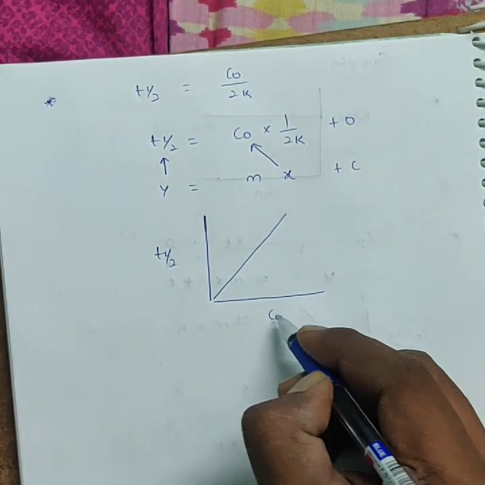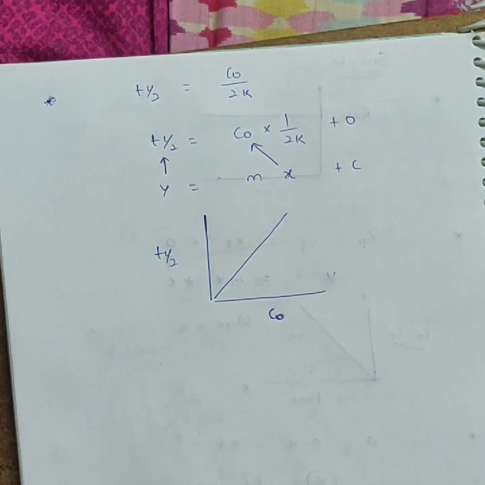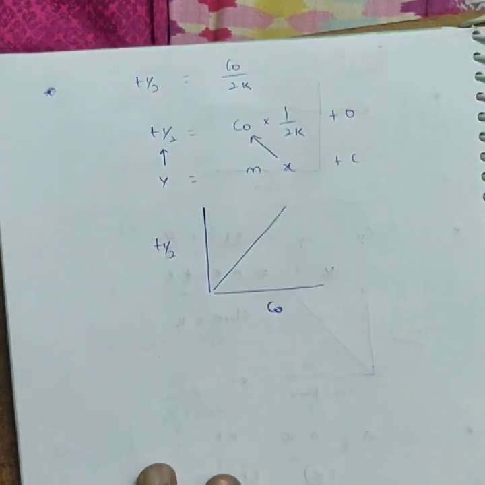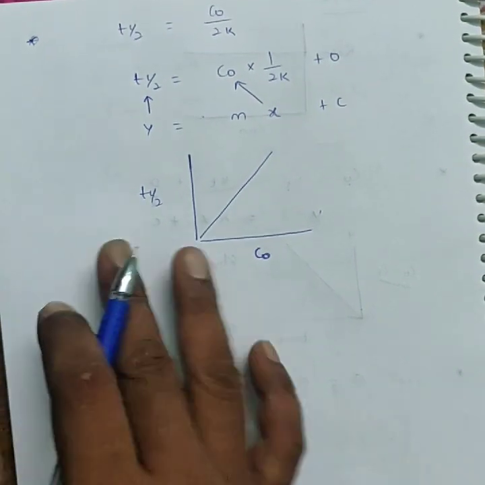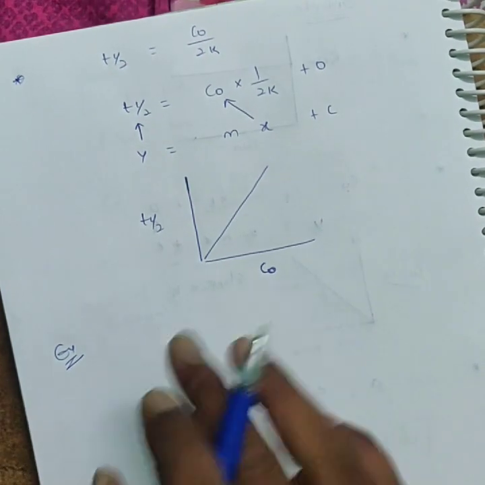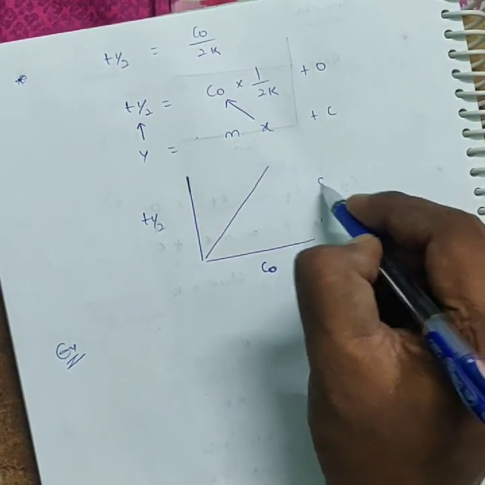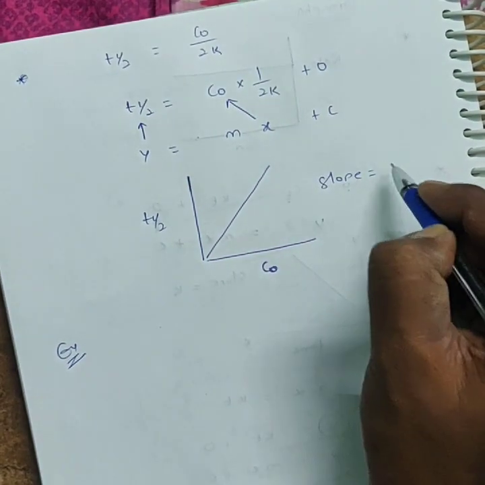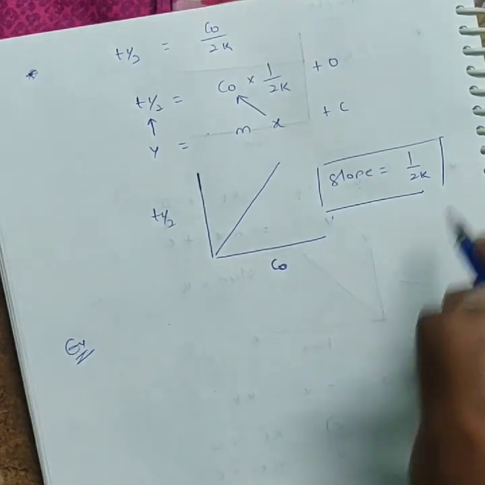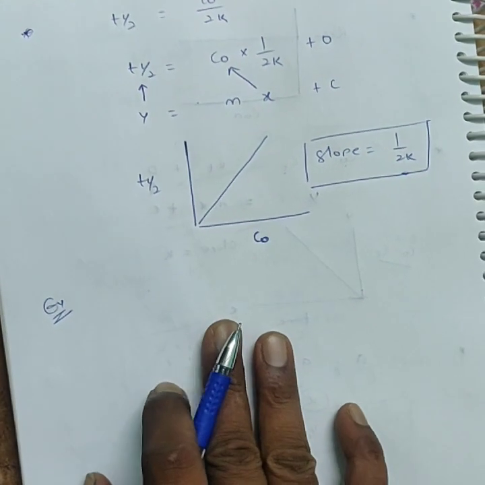So it indicates that as the initial concentration of reactant increases, the half-life of the reactant continuously increases. Let us consider a sample problem related to this one. Here slope is equal to 1 by 2k.